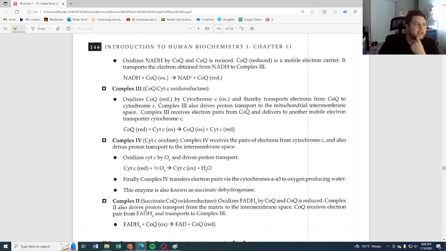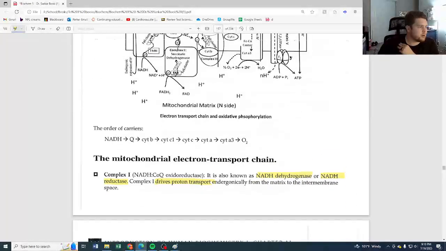So the CoQ passes the electrons over to complex 3, and it does this with cytochrome C. So the electrons get transported from CoQ to cytochrome C. And that was our next step here. So we have from our NADH, goes to our Q.